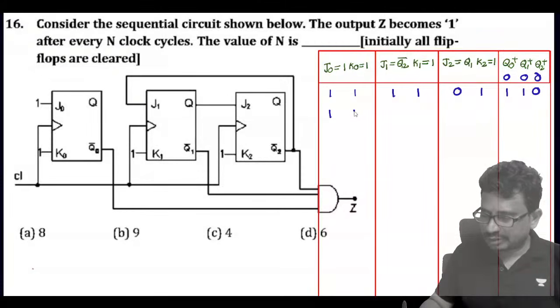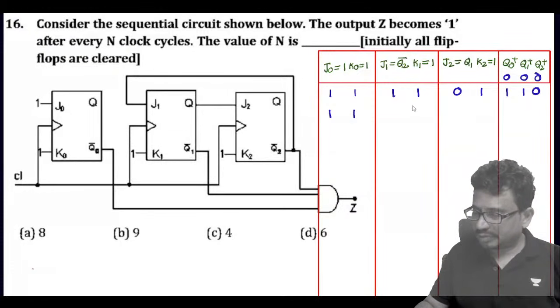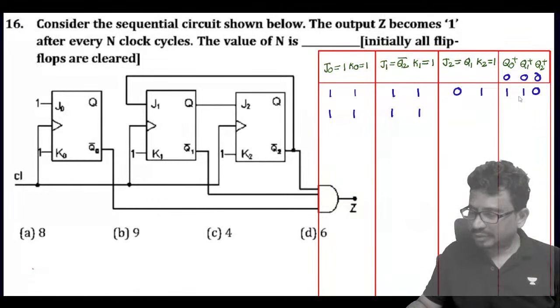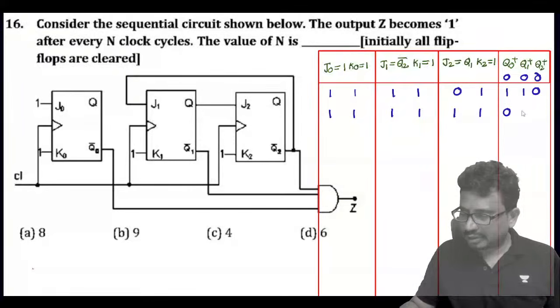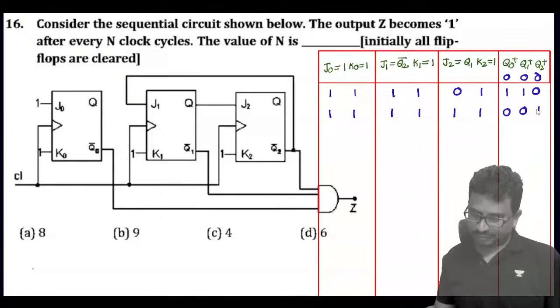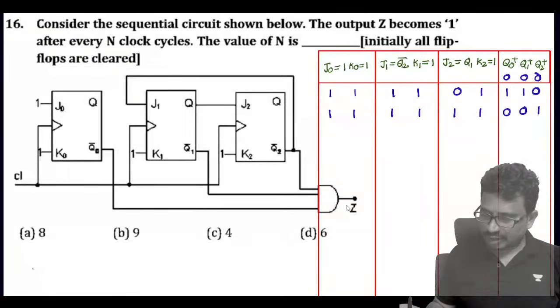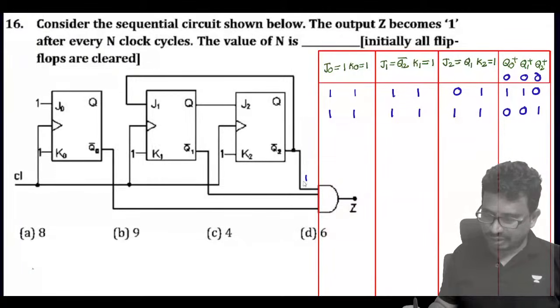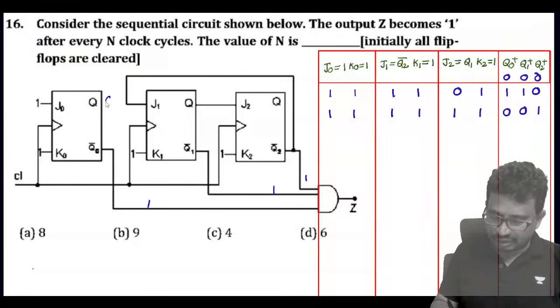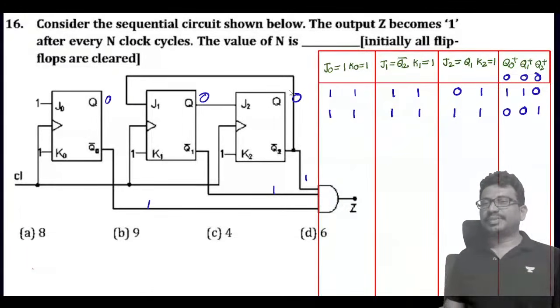Next, Q2 bar is 1, Q1 is 1, so 1 1 toggle, toggle, toggle. Z becomes 1 means all these values are 0 0 0. Indirectly we should find the mod number.